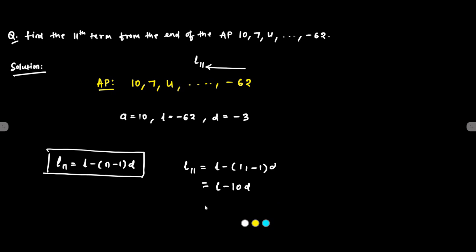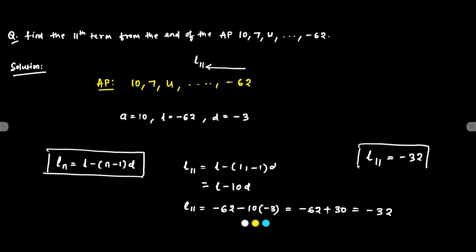So L11 is equal to minus 62 minus 10 into minus 3, which is equal to minus 62 plus 30, because minus 10 into minus 3 is minus minus plus, so minus 62 plus 30, that is equal to minus 32. So the 11th term from the end for this AP is equal to minus 32. Okay, so this is the thing.